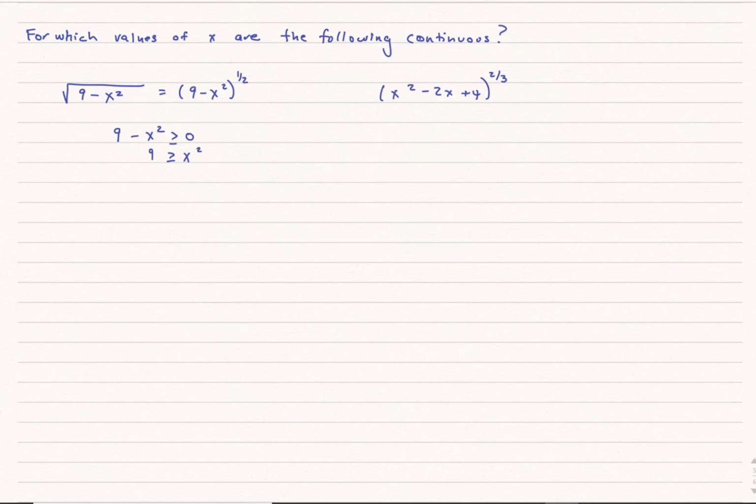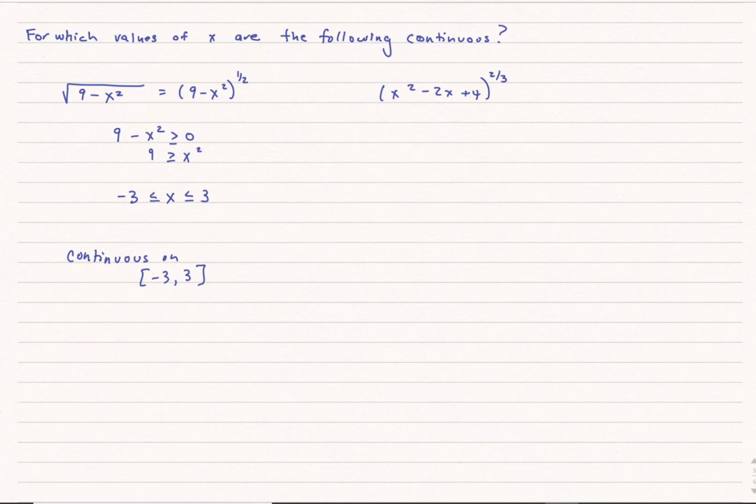Well, I think that means that x has to be between -3 and +3. So I can say that this is continuous on the closed interval from -3 to 3. And I'm using brackets because underneath the square root, it can actually equal 0. So those endpoints are included.